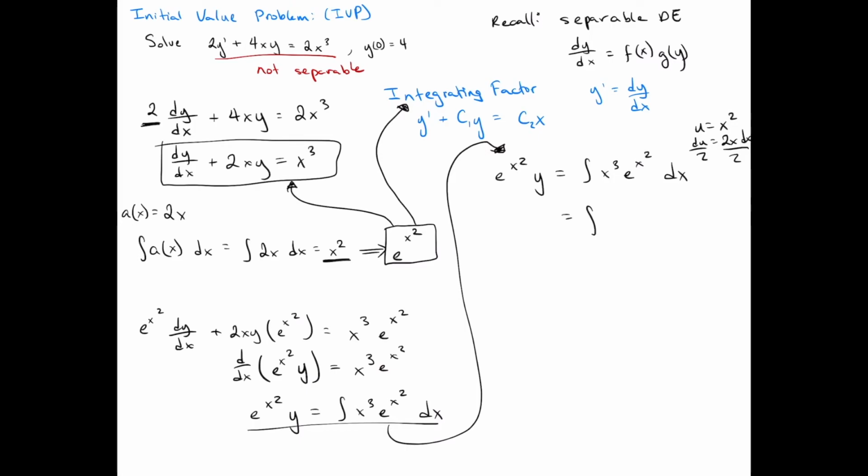Okay, this might be a little tricky, but if we separate, let's say, x squared times x, so we see that's x cubed, and then e to the x squared dx.